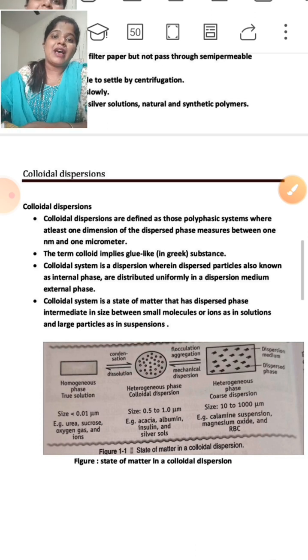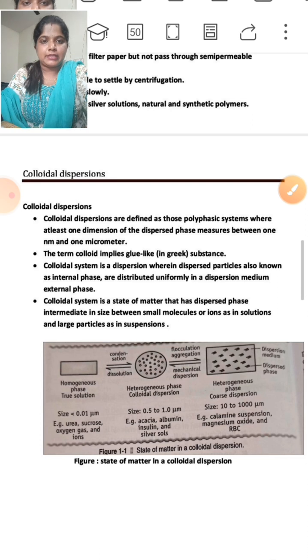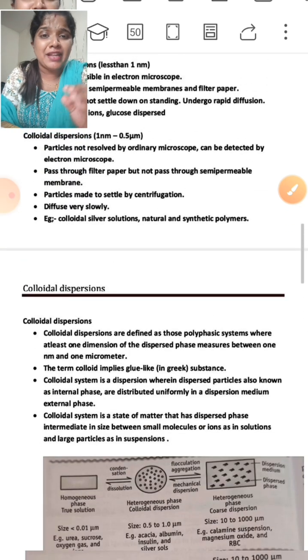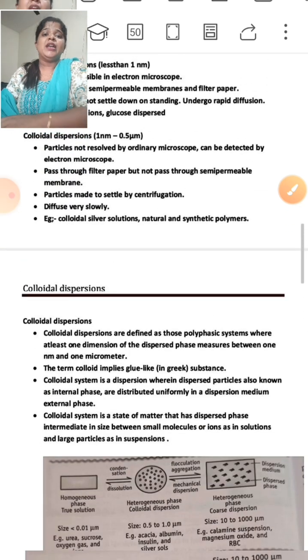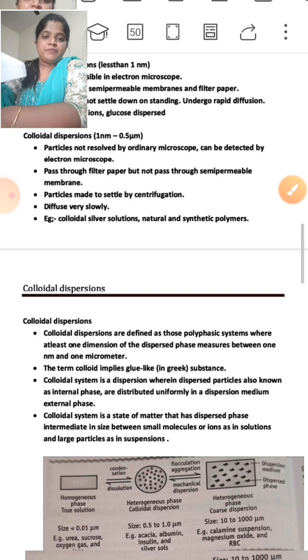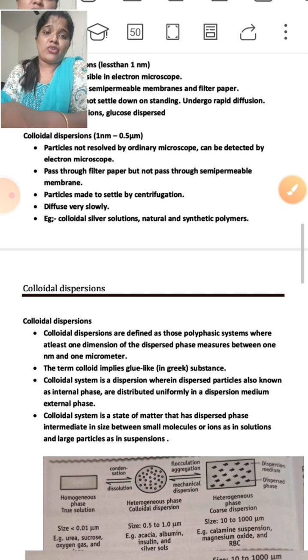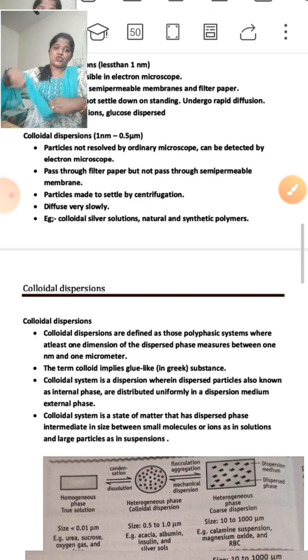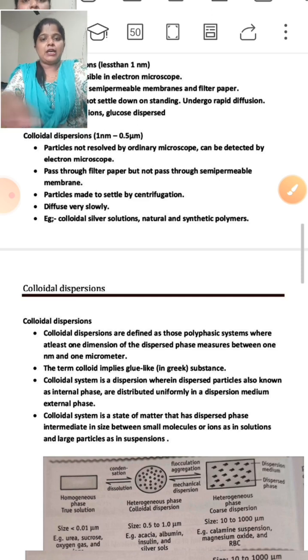Colloidal particles diffuse very slowly. Examples are colloidal silver solutions, and natural and synthetic polymers.